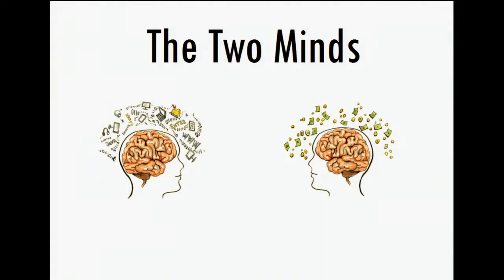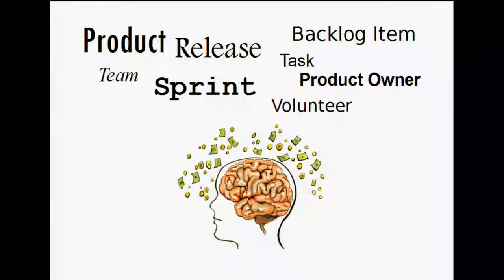But we also have the techies, the guys, the gals who are interested in producing good software. The problem is, between these two mindsets, that the business owner is going to be interested in things like this. And if we're talking about Scrum again, they're interested in the Scrum type things: product, release, sprint, team, product owner, volunteer, backlog item.